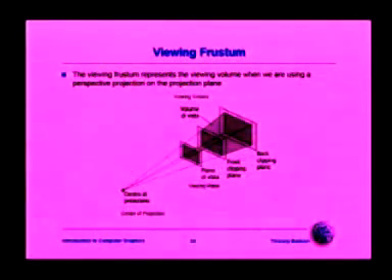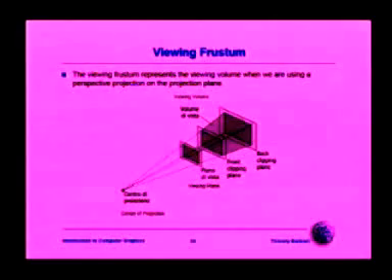If you're considering a perspective projection, then the viewing volume, that is the volume in which are contained all the things you see, has a shape called a frustum. What's a frustum?